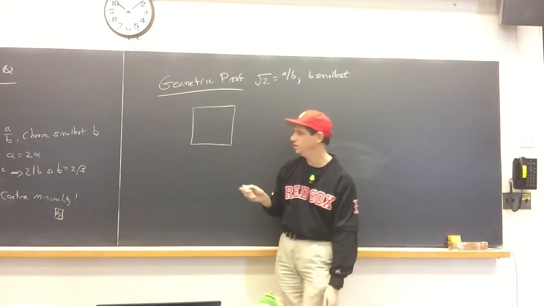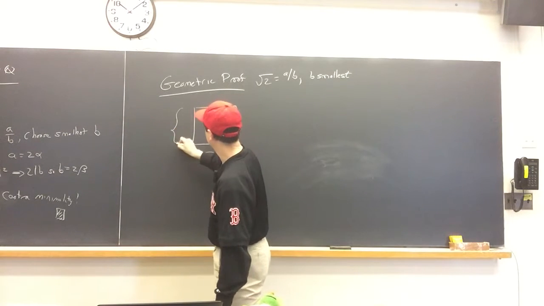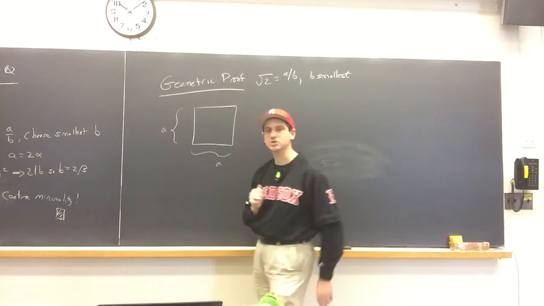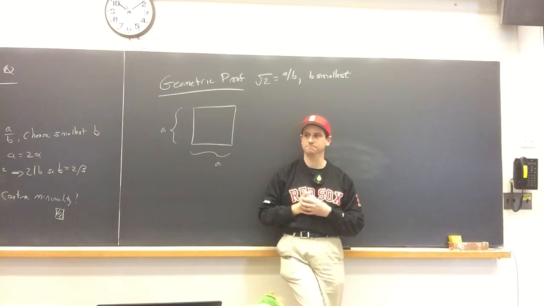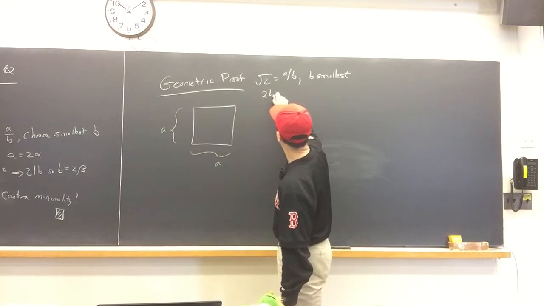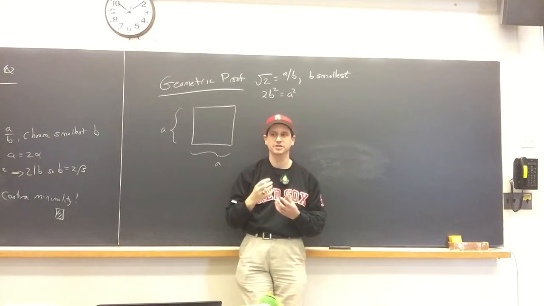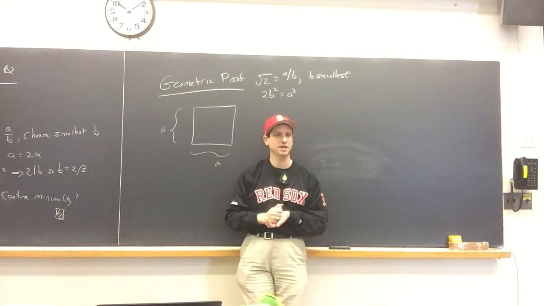Square root of 2 is greater than 1. So I'm going to draw a square of side length a, and the area of this square is a squared. From what we had before, we also get 2b squared is a squared. So 2 squares of side length b should have the same area as this square of side length a.